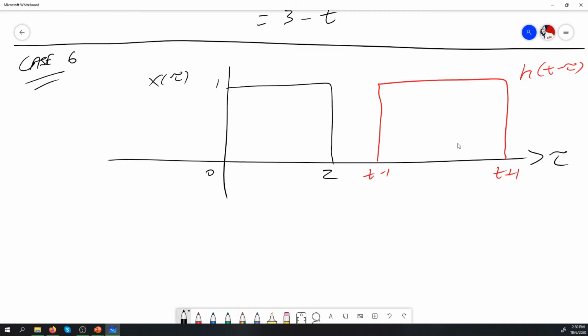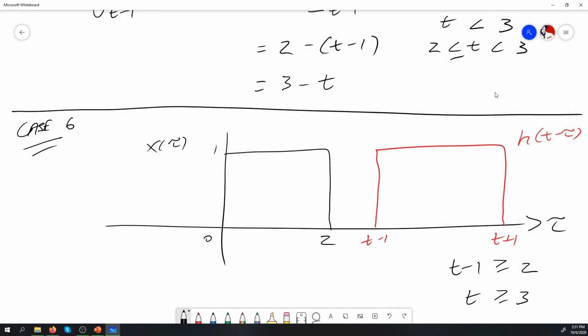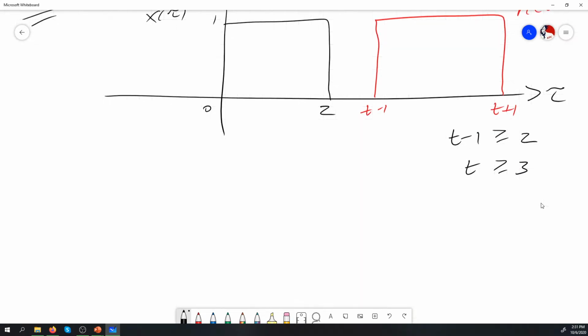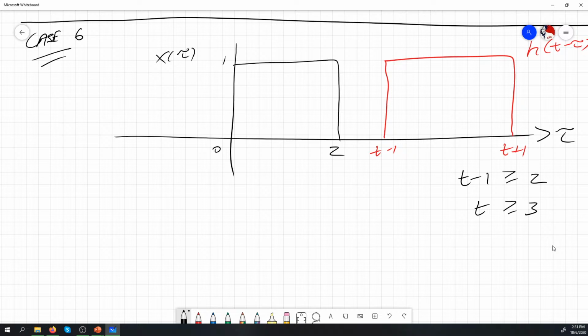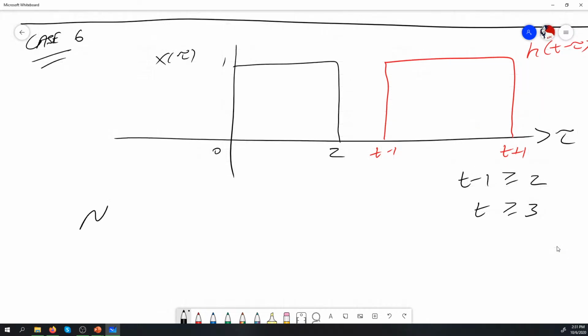In this case, we know that t minus 1 has crossed the value of 2 on our tau axis. So we say t minus 1 is more than or equal to 2, that means t is more than or equal to 3. And that corresponds with the evaluation of our time range, where we had 2 less than or equal to t less than 3. There's no overlap for case 6, so y of t here is equal to 0.